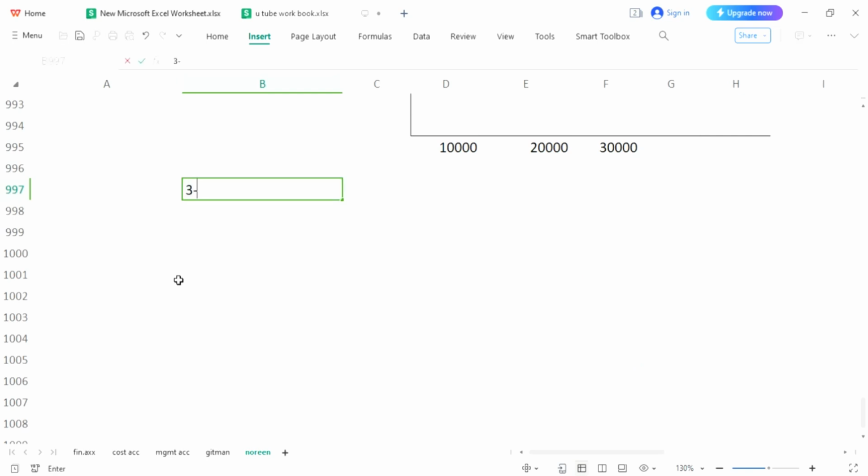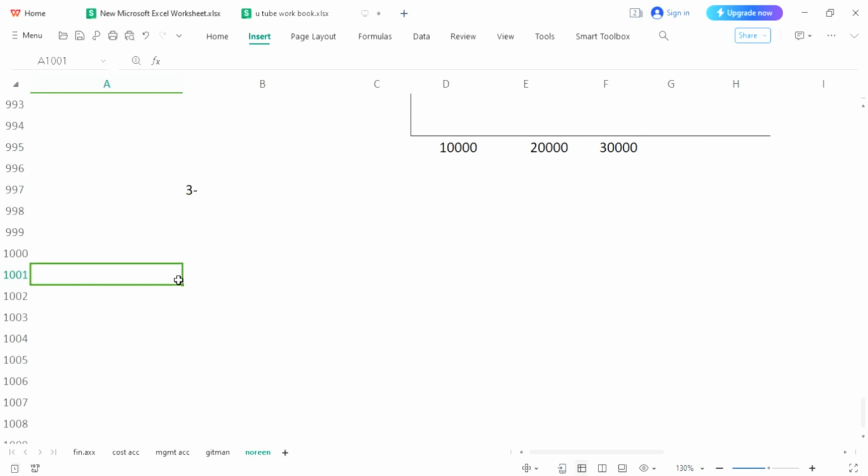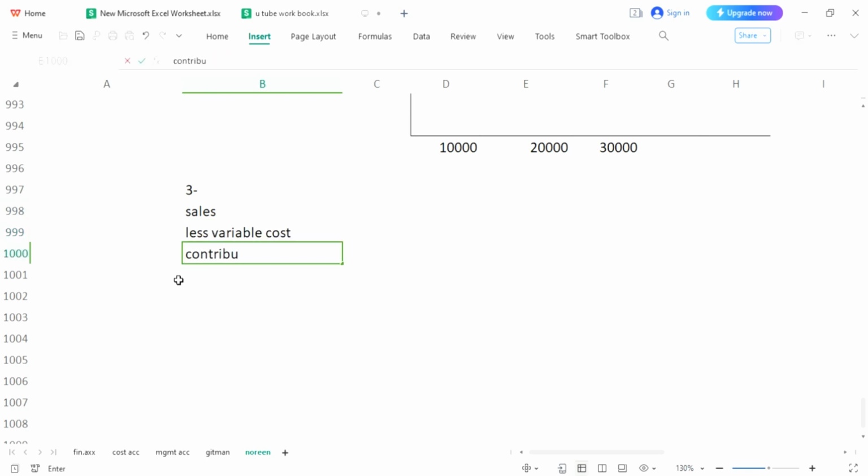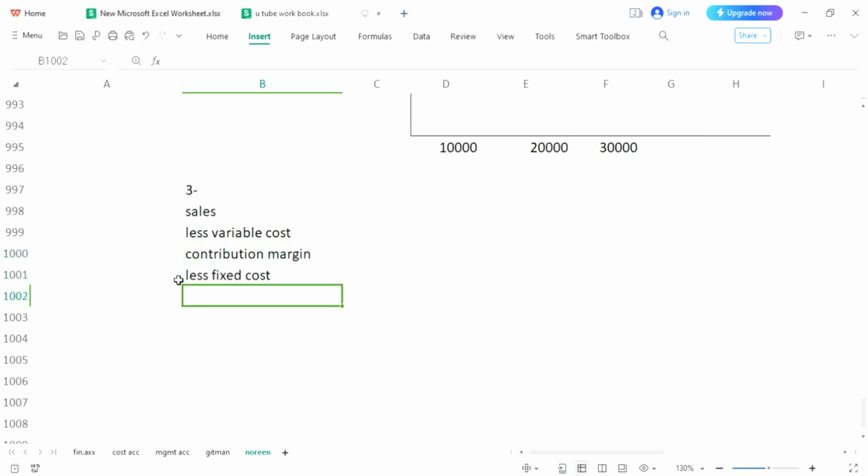For the income statement, as you know, first we will see how much sales, and then you will subtract your variable cost with which we will have our contribution margin, and then we will subtract fixed cost. Finally we'll get net margin.